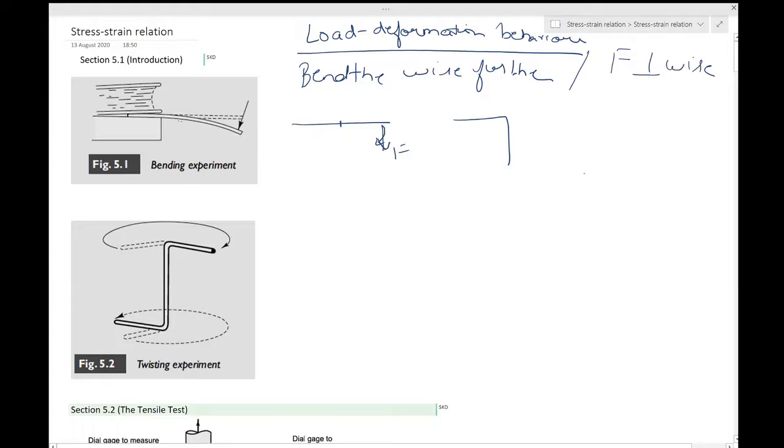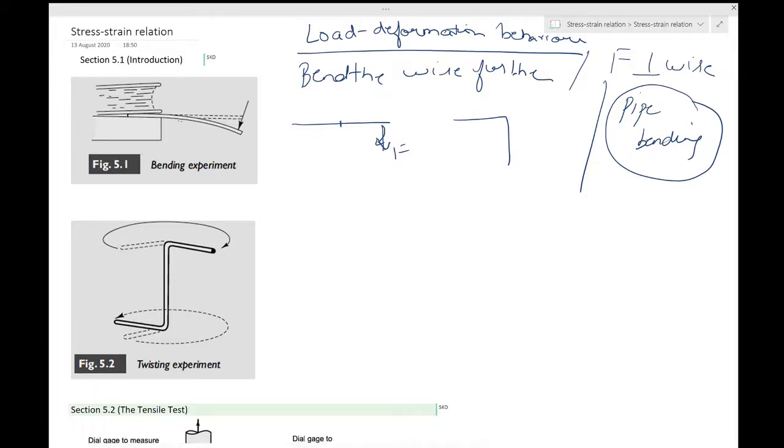In your workshop, I don't know if you have done something called a pipe bending experiment, but it's a similar concept. So you bend it, and what you notice is that the force which will be required to create this 90-degree bend is greater than what will be required for plastic deformation.